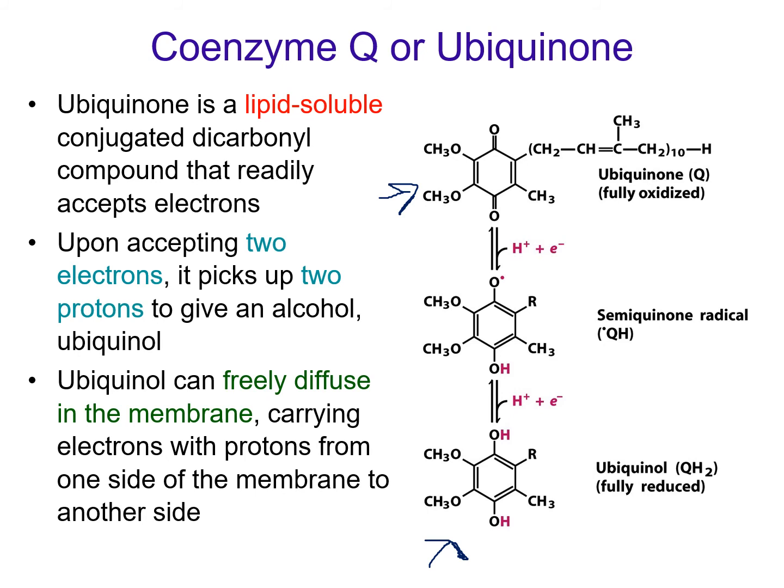Now, ubiquinol can freely diffuse in the membrane, carrying the electrons and the protons from one side of the membrane to the other side. So we'll see it as an electron carrier, the ubiquinol, carrying these electrons that it got from NADH to complex 3.